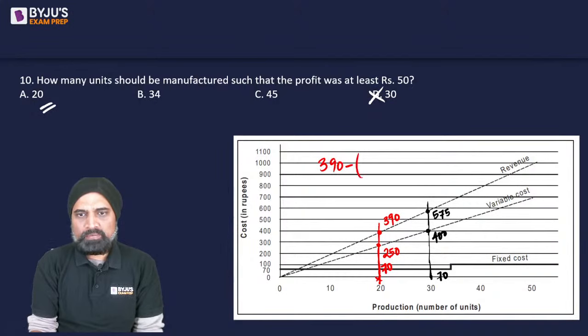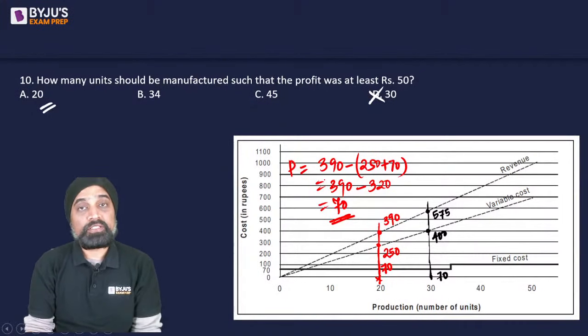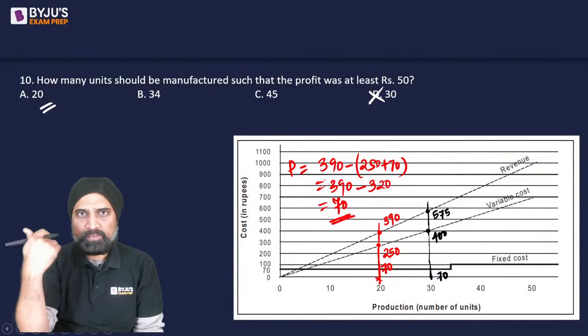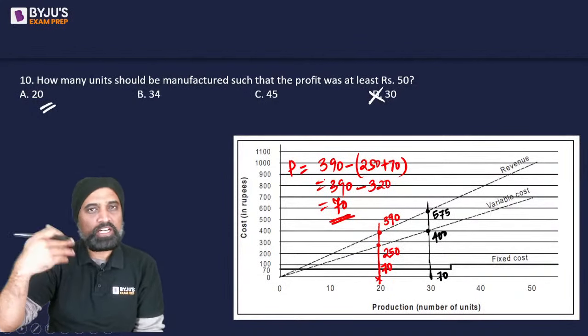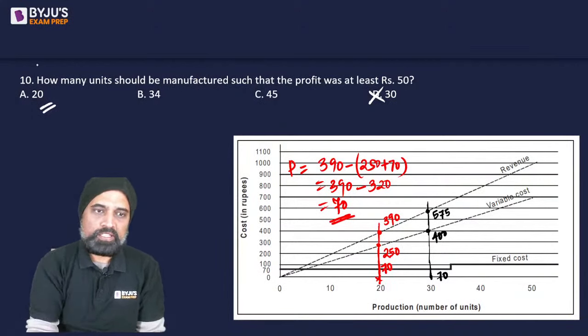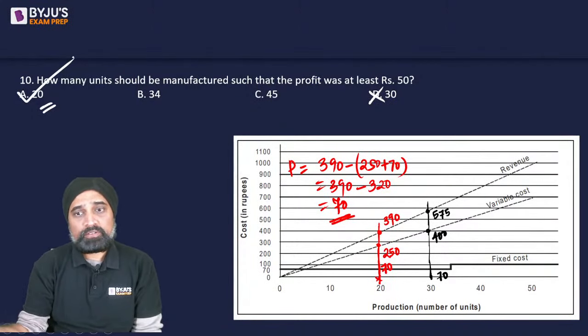So 390 minus 250 plus 70, which is 390 minus 320, which is 70. Since we took an approximation, we are getting the profit as 70 rupees. So there is a 10 plus or minus. In the revenue, I have taken 10 more maybe, and in the case of cost, I have taken 10 less. So that gap will be minimized. So obviously A makes sense. We shouldn't go beyond 30. It's increasing, right?